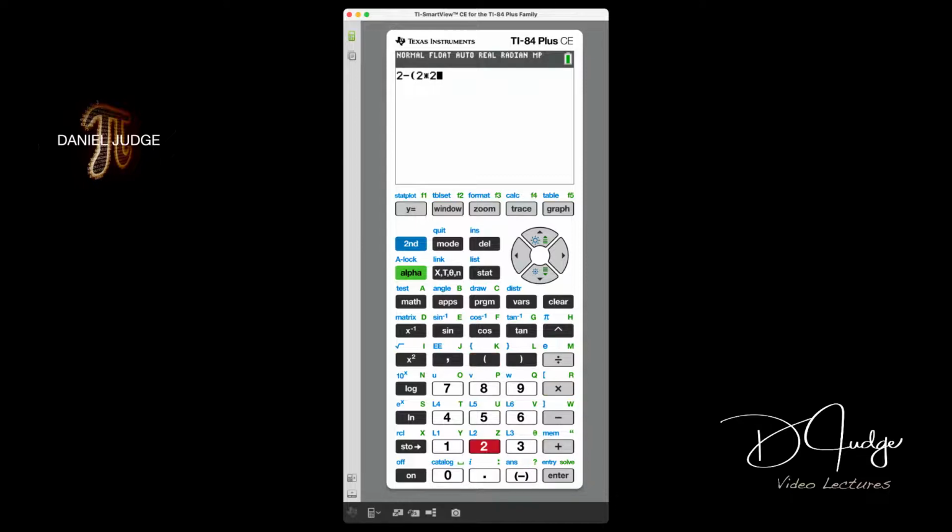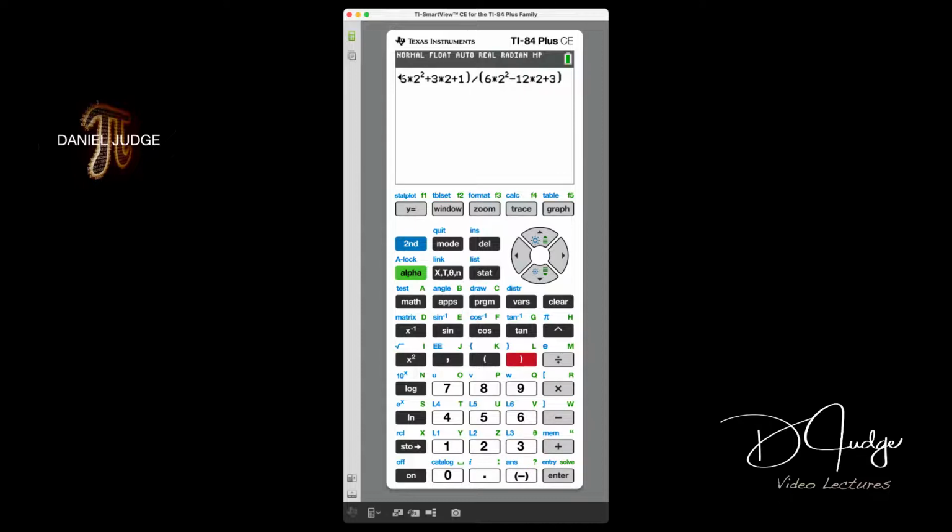We start with 2 minus, now put your parentheses here, 2 times 2 raised to the third power, come out of the power position, minus 6 times 2 raised to the second power, plus 3 times 2, plus that 1, close this, divided by 6 times 2 squared, minus 12 times 2, plus 3, and close that there.